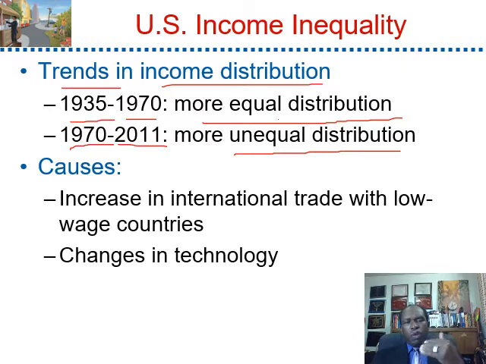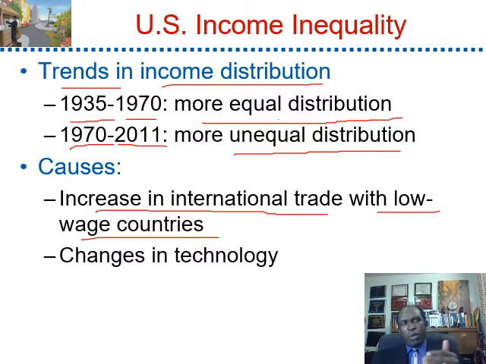There are two reasons for these different trends in U.S. income distribution. The first one is an increase in international trade with low-wage countries. The U.S. has been trading with low-income countries like Mexico or India, for instance.